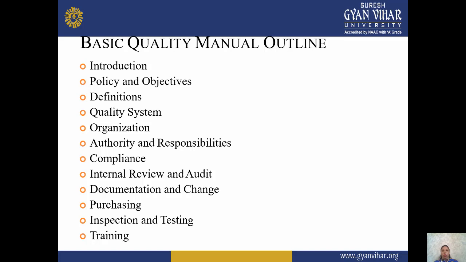A basic quality manual outlines: introduction, quality policies, quality objectives, definitions related to the quality manual, the quality system, organization, authority and responsibilities, compliance, internal review and audit, documentation and change, purchasing, inspecting and testing, as well as training.